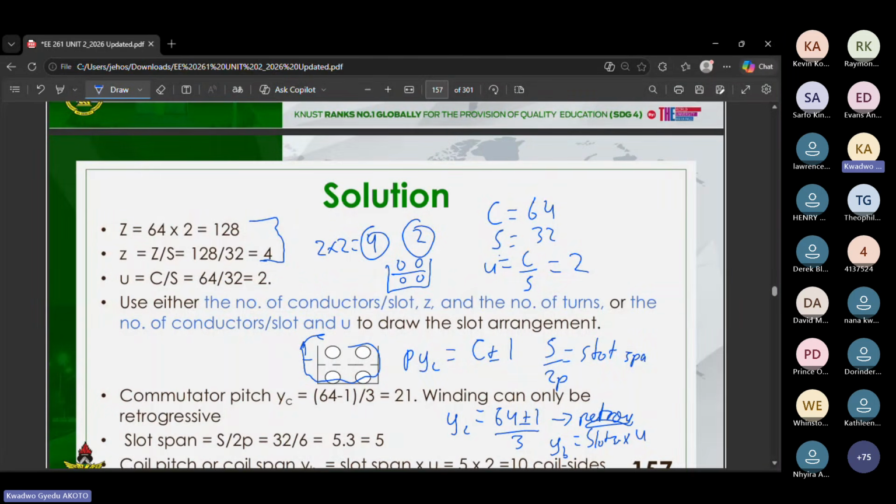we know that C, which is our number of coils, is equal to our Z, number of conductors, divided by the number of turns of our coil, right? Sorry, not divided by the number of turns of our coil. Please let me explain it in my own words, okay? So just follow my explanation.